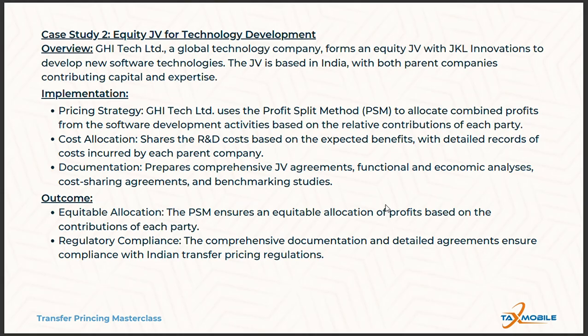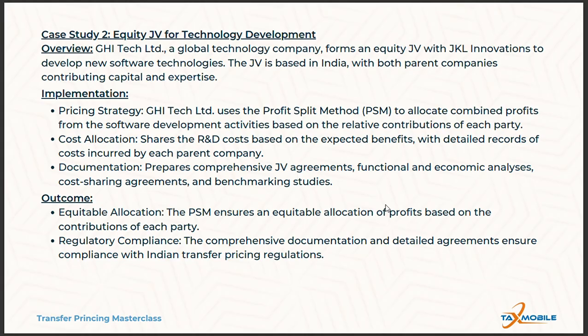For case study 2, equity JV for technology development. Now let's look at GH High Tech Limited, a global technology company, which forms an equity JV with JKL Innovations to develop new software. Both companies contribute capital and expertise to the JV, which is based in India.